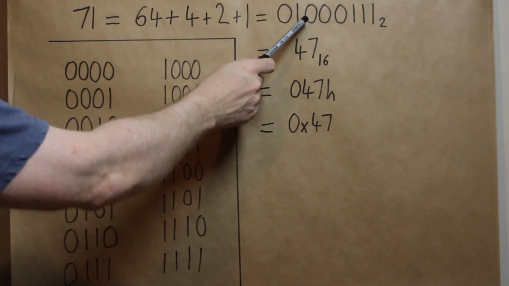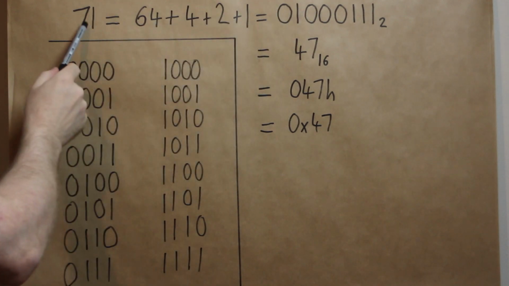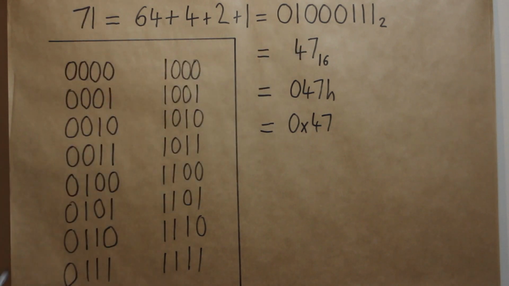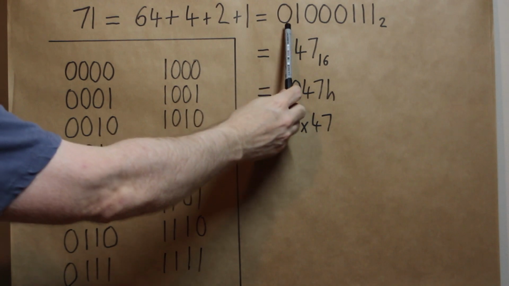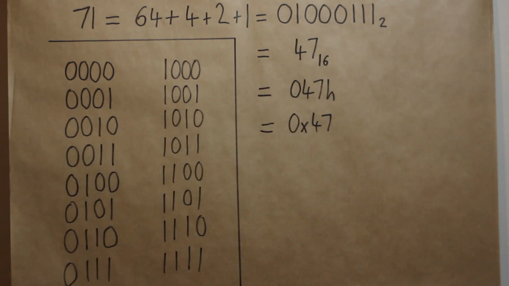So now let's write this in hexadecimal. And of course the way that we do that is to go from the binary number rather than the decimal number. You can go directly, but it's just a little bit more fiddling around. So what you do is you break the binary number up into two sets of 4 bits.